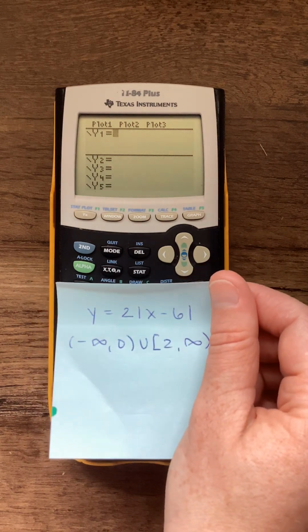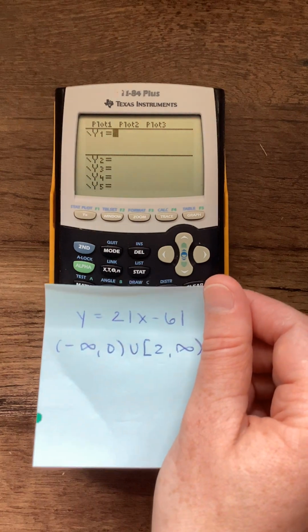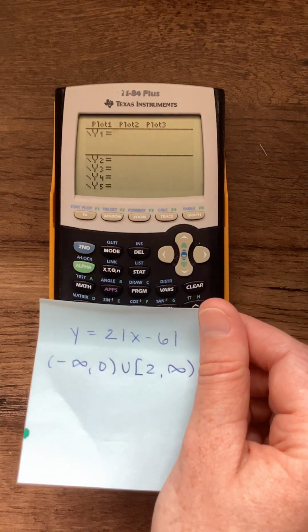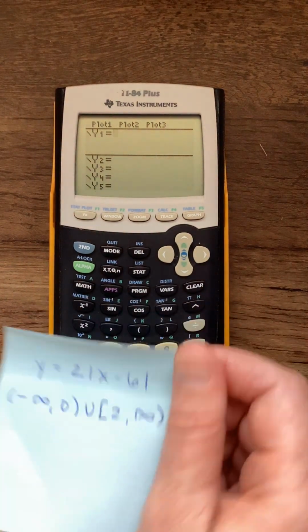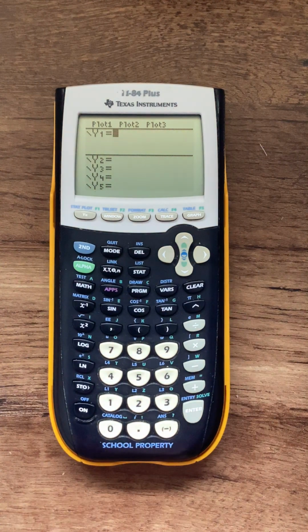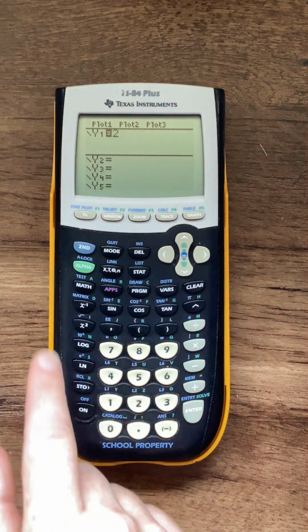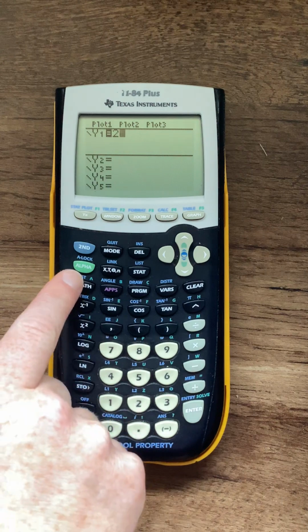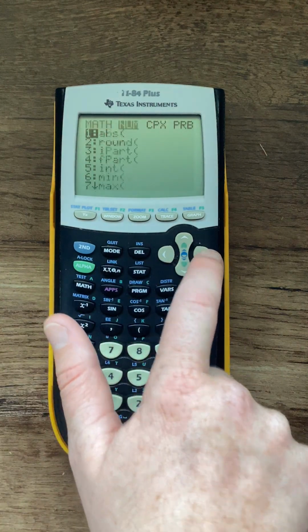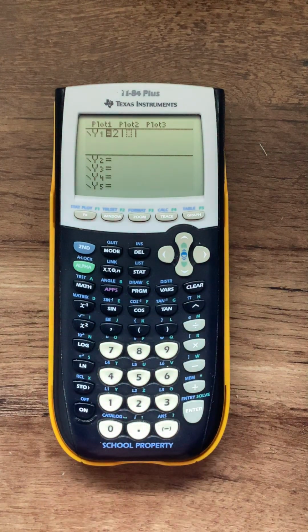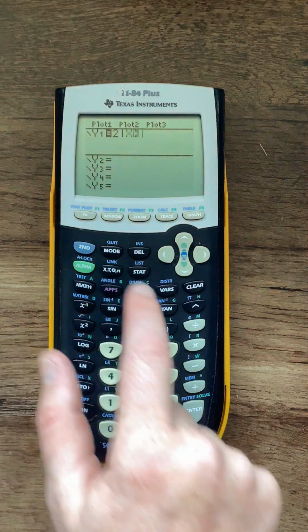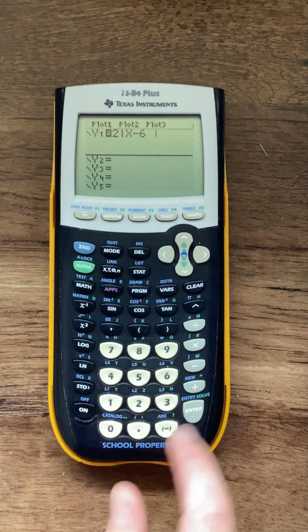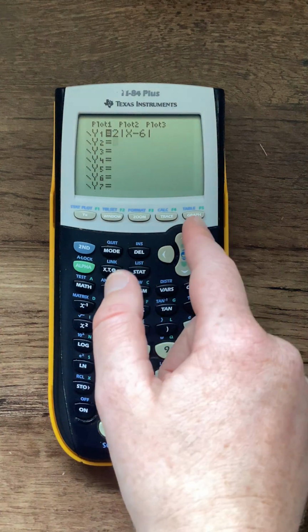If you guys remember from earlier how we do our absolute value, we want 2 absolute value x minus 6. So we hit 2, and then we want to put in our absolute value symbol. So we go to math, number, absolute value, and then we have x minus 6. Nice, cool. We have our function input.